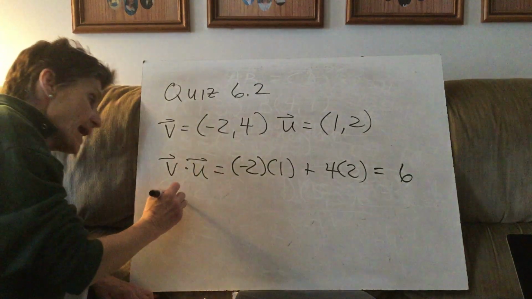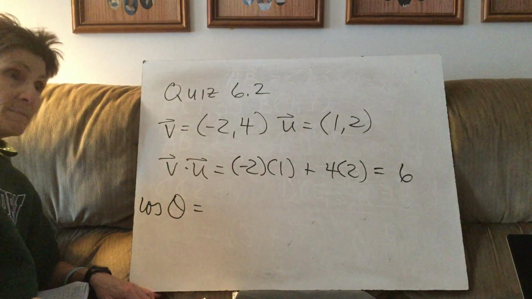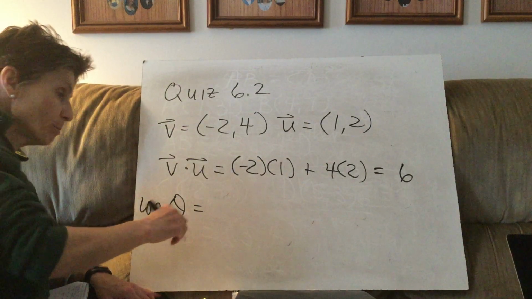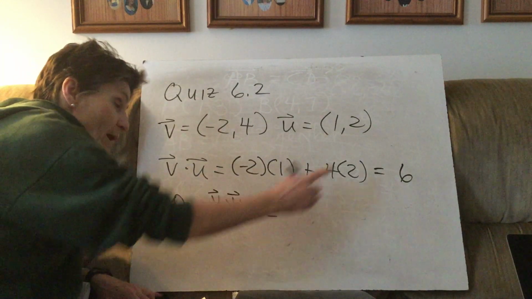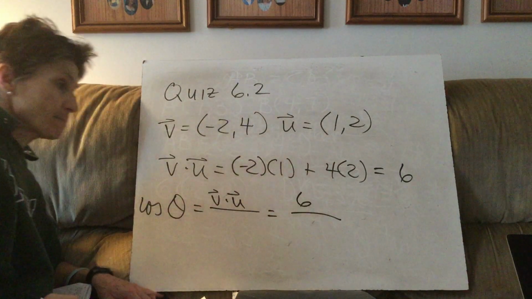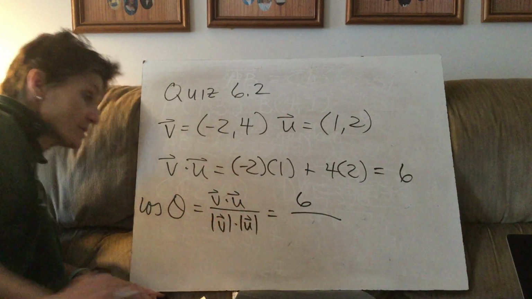Now we're going to find the angle between them. And our formula says that the angle between them is the dot product, which, oh, by the way, we already know is 6, divided by the magnitudes of the two vectors times each other.